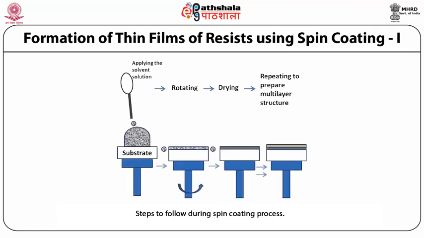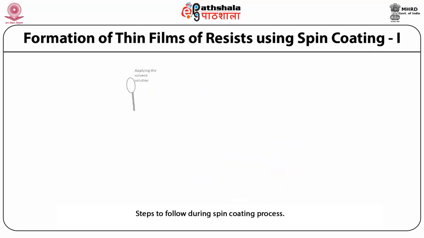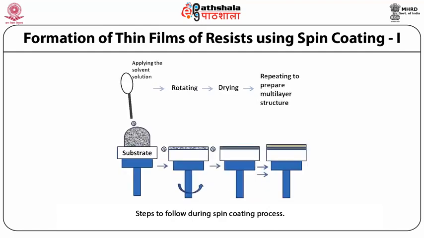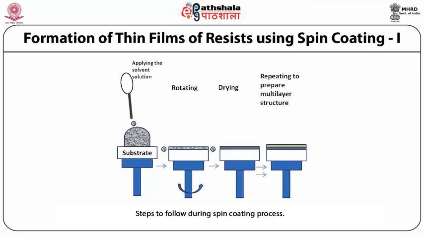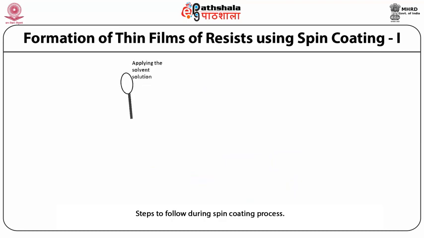A small amount of resist is poured at the center of the substrate with the help of a dropper. Further, this substrate is rotated at a constant angular speed for a specific time period.